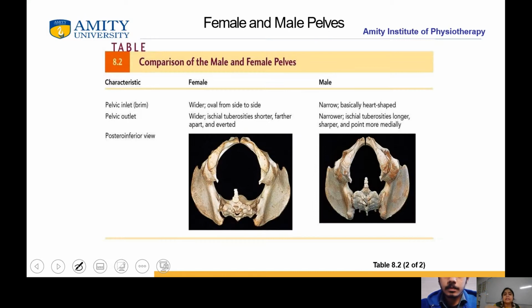Other than that, there is the pelvic inlet and pelvic outlet. In females, the pelvic inlet is wider, oval from side to side, whereas in males, it is narrow and basically heart-shaped. The pelvic outlet in female is wider and the ischial tuberosities are shorter, everted, and they are apart as compared to the male.